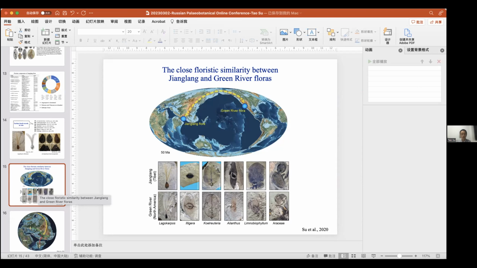We think maybe the Bering Land Bridge, but I don't know how important it was during that time. It's a very old age. I'm wondering if it existed at that time, and if it existed, there should be some more fossil records in Russia.